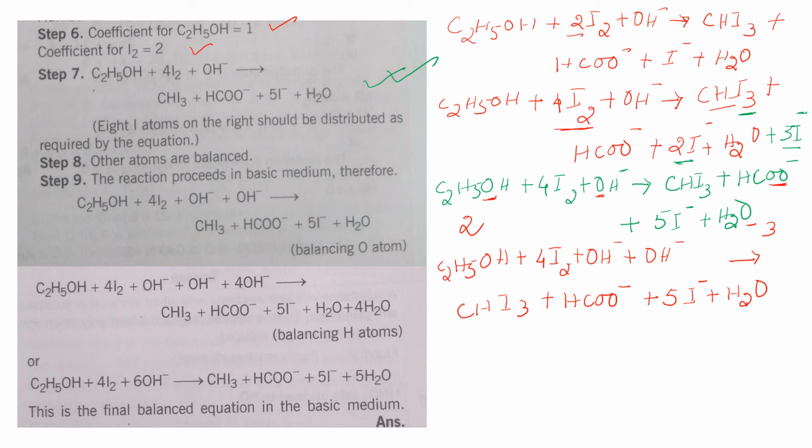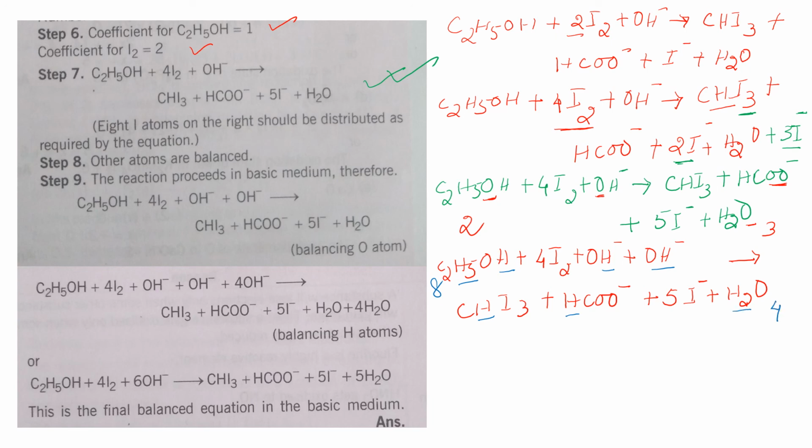Now as I have added OH minus on the left hand side, maybe the hydrogen atom is not balanced now. It became imbalanced. Let us see how many hydrogen atoms are there on the left hand side and right hand side. On the left hand side, 5 and 1, 6, 7 and 8. I have 8 hydrogen atoms on the left hand side. And on the right hand side I have 1, 2 and 2, 4 hydrogen atoms.